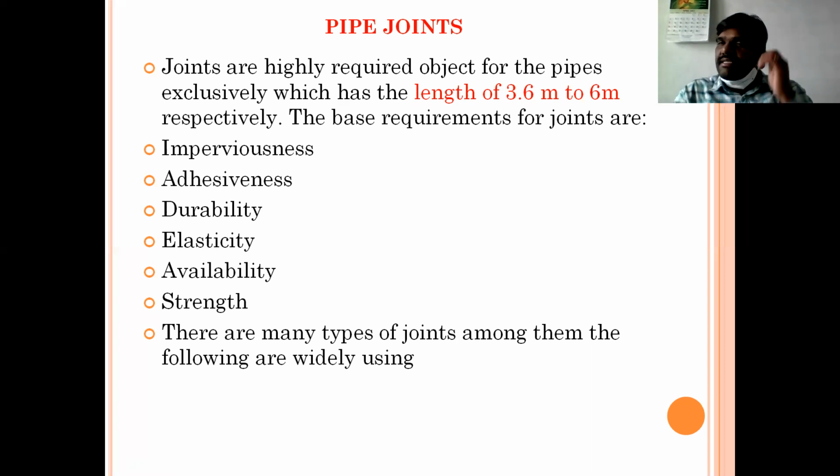For wrought iron and steel pipes, 50 years. Likewise, we have seen the lifespan of various types of pipes. In the same way, whatever joint you select should have good durability. The durability must meet the lifespan of the selected pipe.